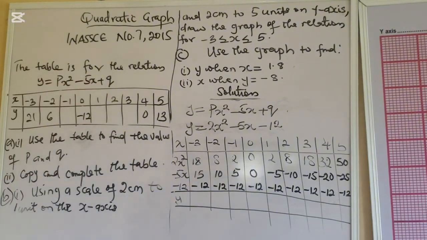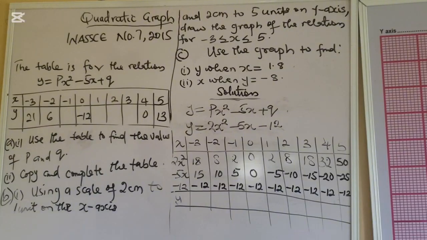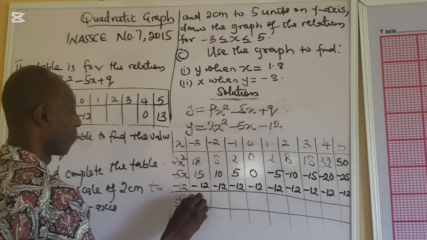Okay, so the next thing is to find the value of y. Now, 18 plus 15 minus 12 gives us 21.